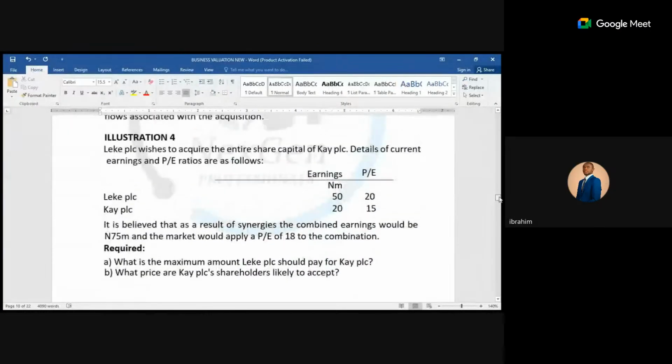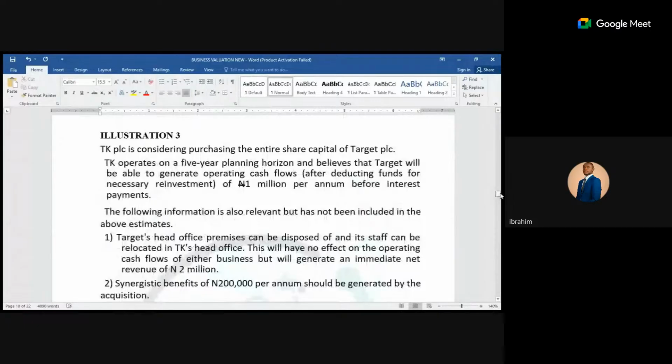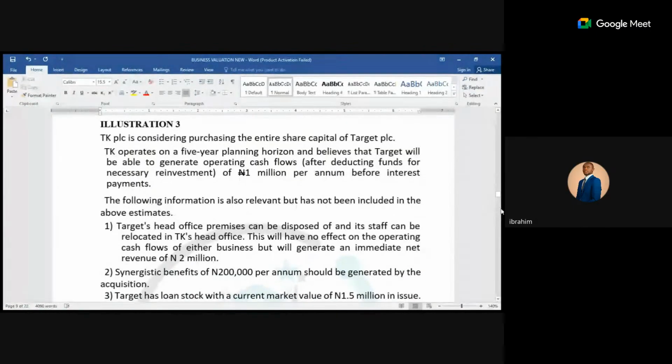Okay, which question? Question 5. Illustration 3.